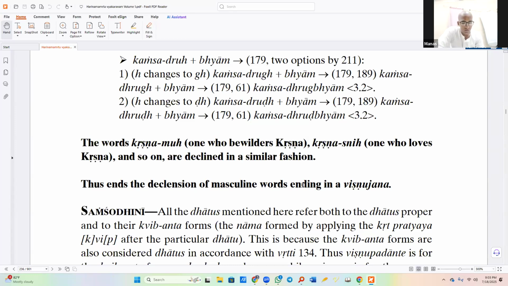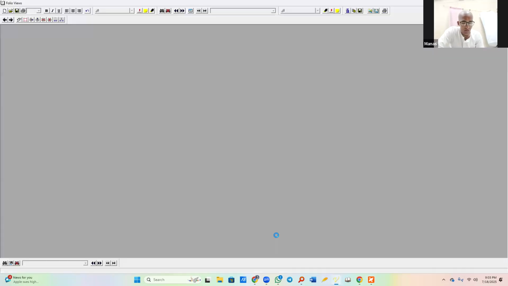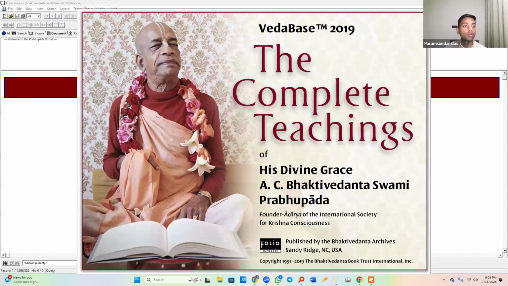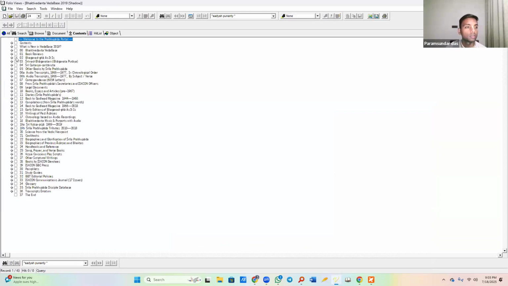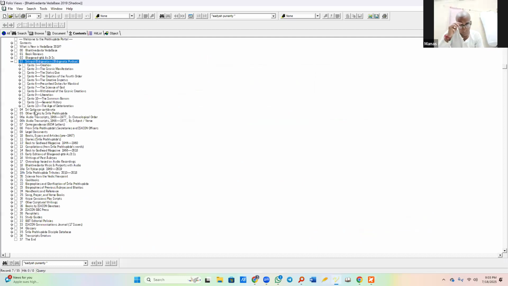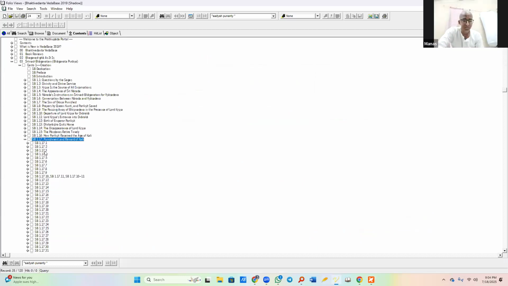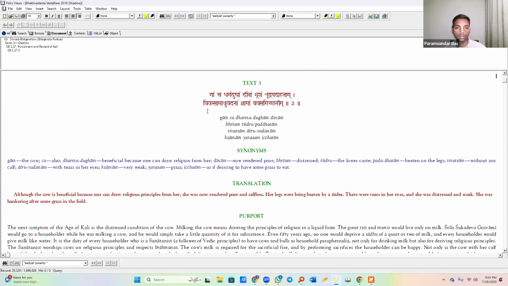Prabhuji, there are two, three words which I was confused about. First canto, chapter 17, third shloka.